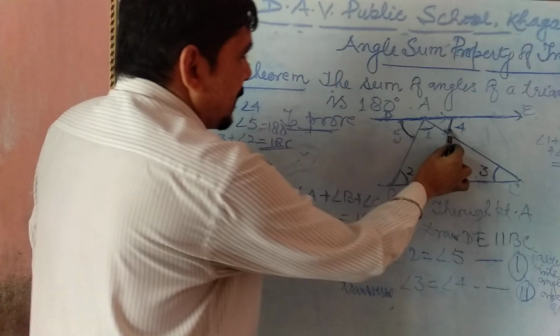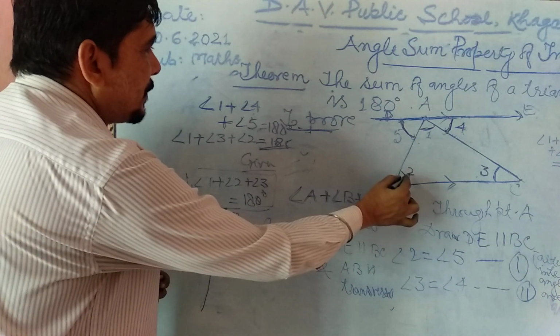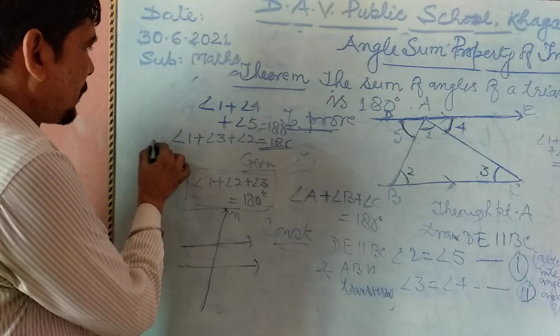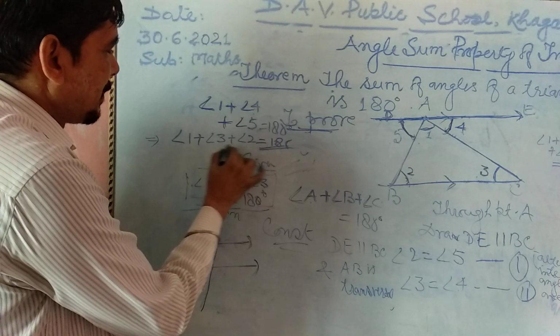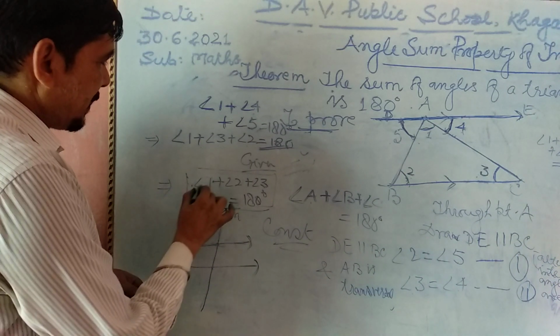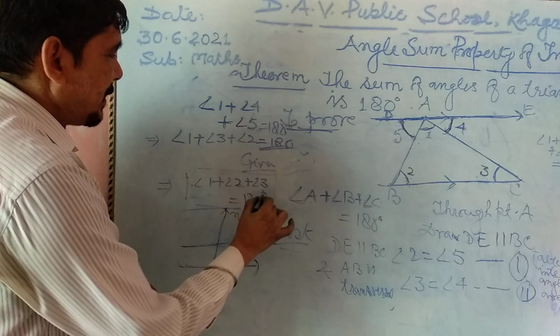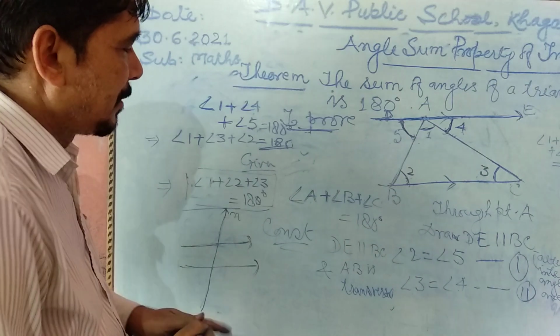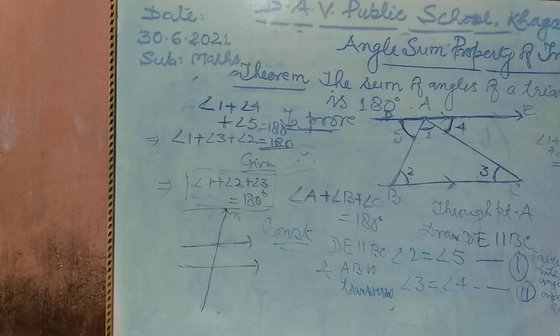Now angle 4 is replaced by 3 and angle 5 is replaced by 2. So it implies angle 1 plus angle 3 plus angle 2 is 180 degrees. Okay. Now it can be written angle 1 plus angle 2 plus angle 3 is equal to 180 degrees. Therefore, angle A plus angle B plus angle C is equal to 180 degrees. Okay. So that is the proof of the theorem.